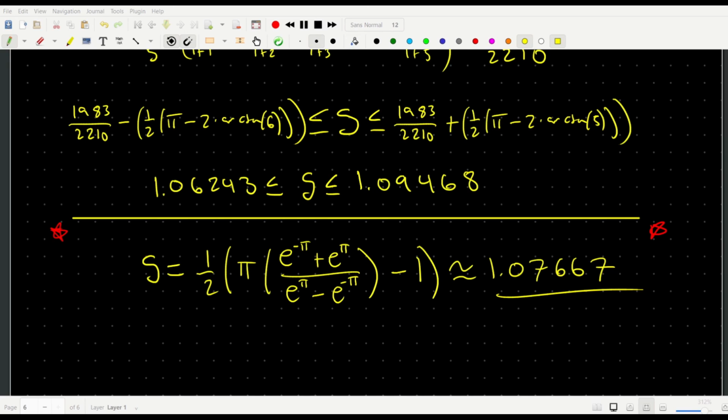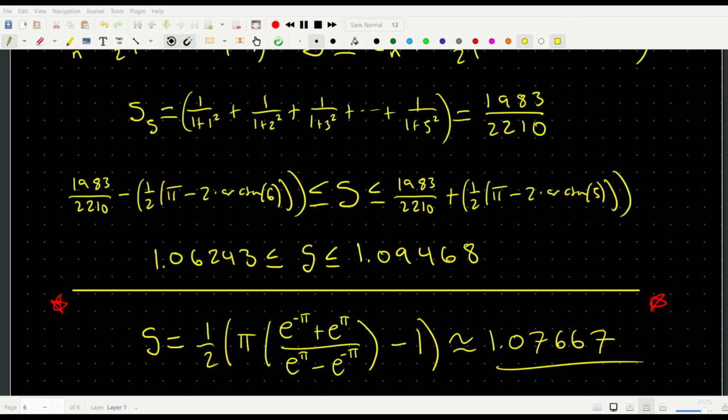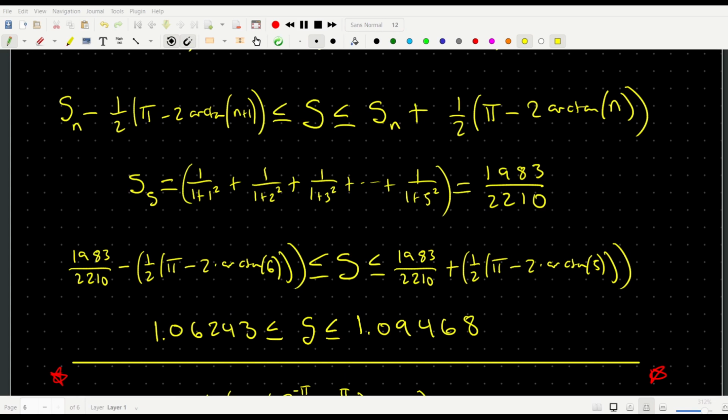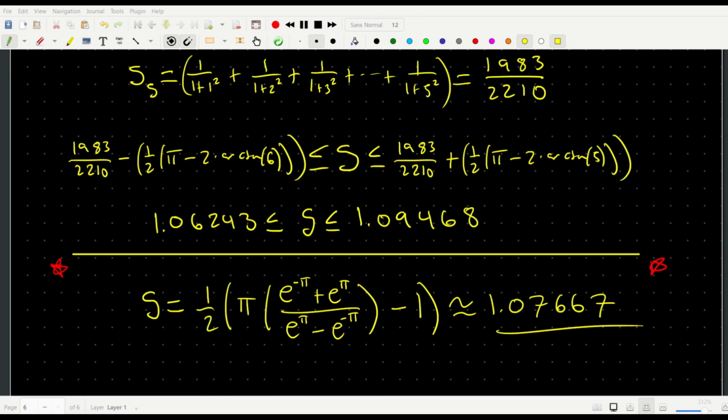So we expect these bounds to get tighter: this bound should get larger and this bound should get smaller as we include more and more terms in the sum. Remember, this is only an application of these bounds for the fifth term in the sum. As we increase n, we should get closer and closer to the actual value of the sum.